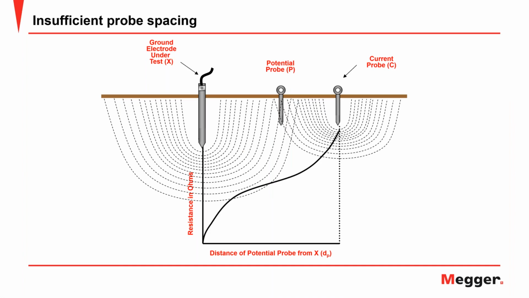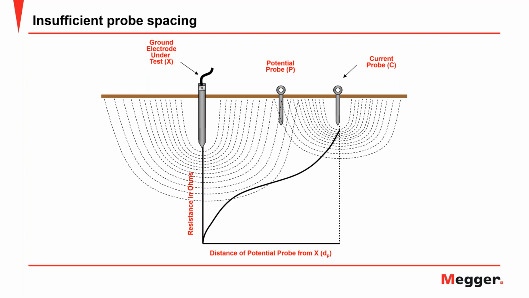This is the one real problem that you do not want. This is where your current probe is too close and its area of resistance overlaps with what you're trying to measure. If you graph this, you wouldn't be able to tell where the resistance of your test ground maximizes and stops.